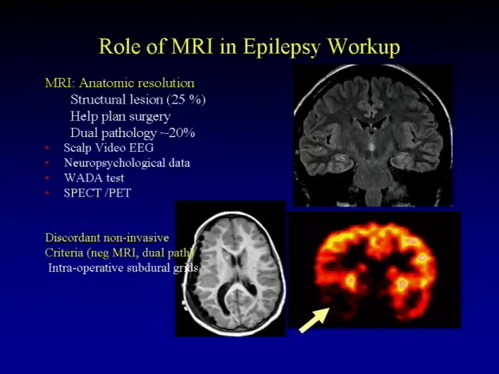In those cases where the non-invasive criteria is discordant, whether the MRI is negative or the EEG is non-localizing, or we see more than one lesion on MRI, the patient will go to the OR and have intraoperative placement of subdural grids and electrodes, as we see here, these hypointense areas along the cerebral hemisphere.